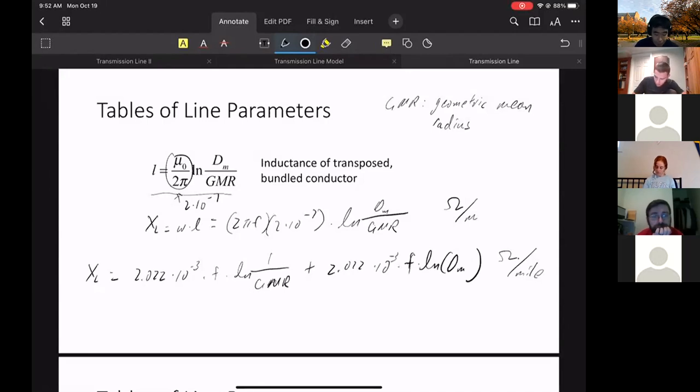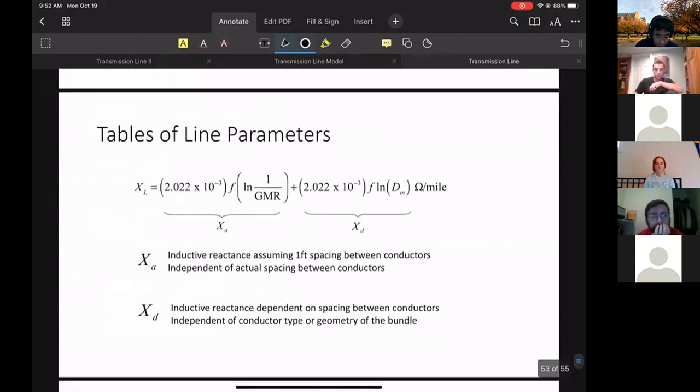So the way we do this equation is, yeah, this is just converting meters to miles, if you will. It makes the constants a little bit larger in front. But the nice thing about separating out these two terms is that one part depends just on the GMR, the geometric mean radius, and doesn't depend on the distance between the two, the actual spacing.